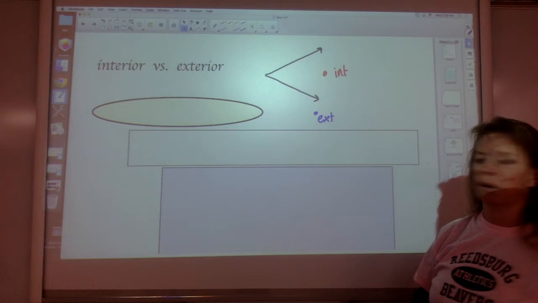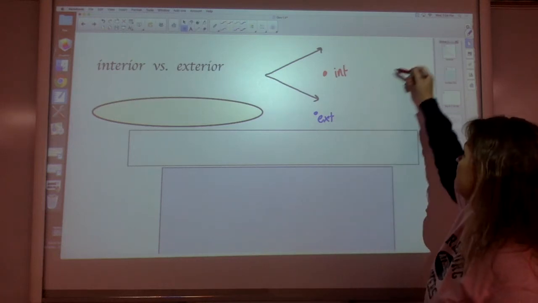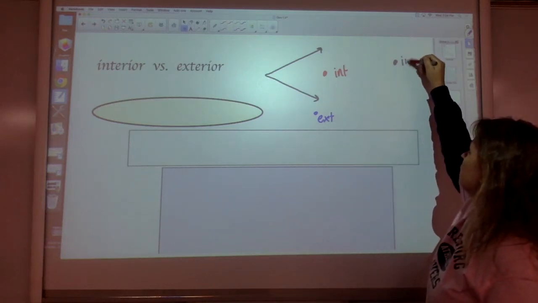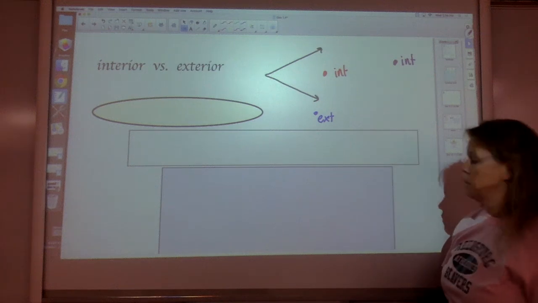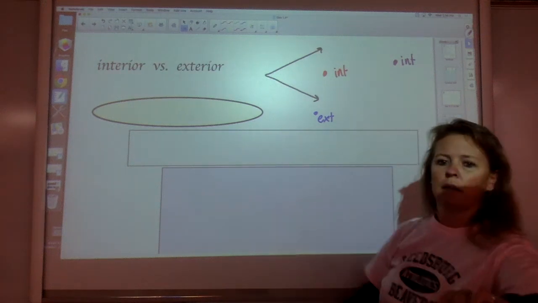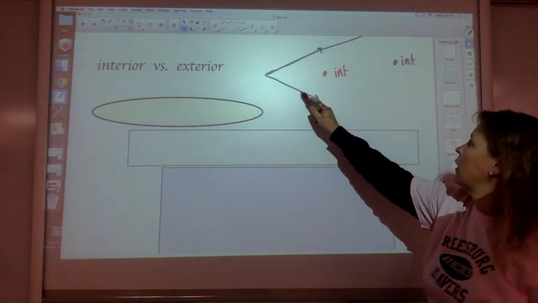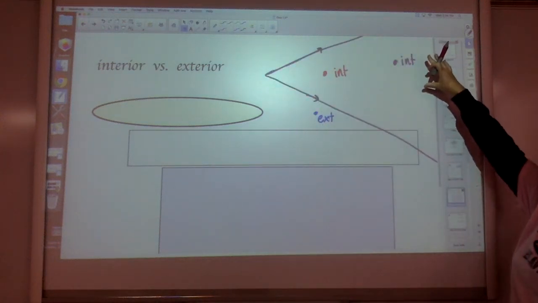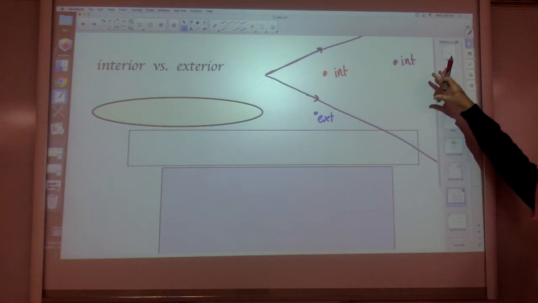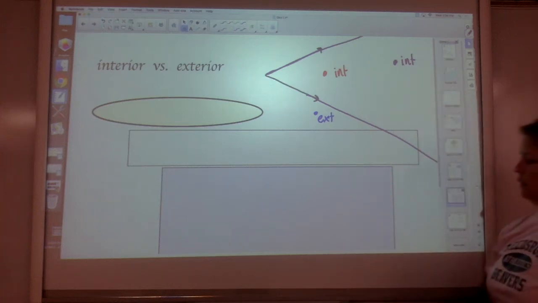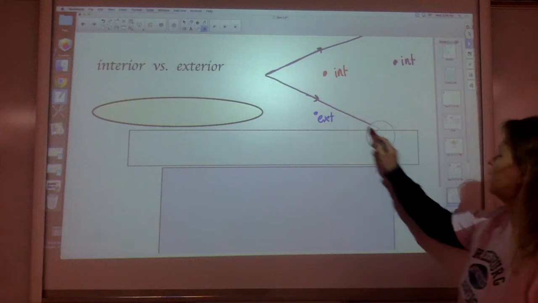It's outside of the angle. Be careful because this purple point is also interior, because remember that these rays go on infinitely. They keep going and going, which means that point still falls inside or interior of the angle. So don't get thrown off by where they stop.